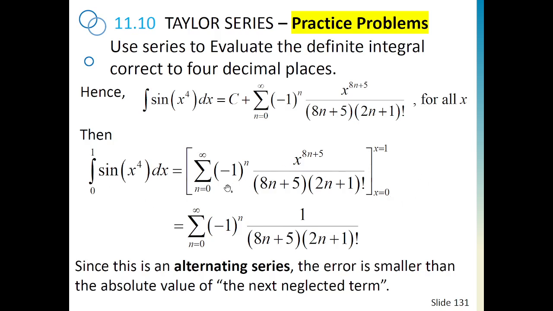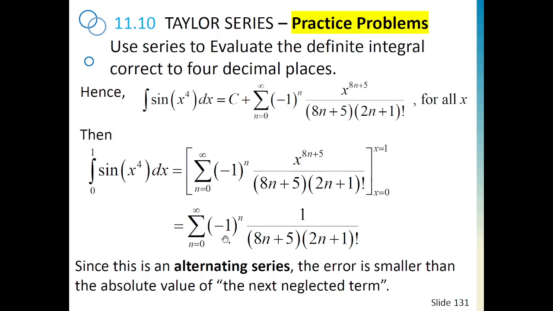When n is 0, this is x to the power 5. When n is 1, this is x to the power 13. When I evaluate at 0, everything will be 0 anyway, so only the part with x equal to 1 will survive. This is my series result, the series that represents the value of the integral between 0 and 1.